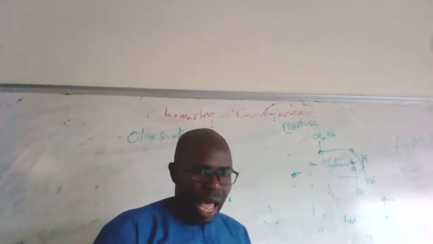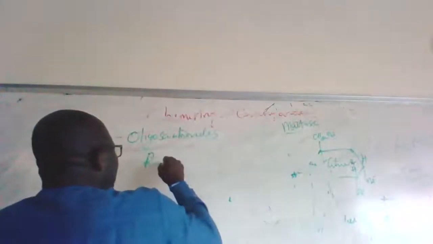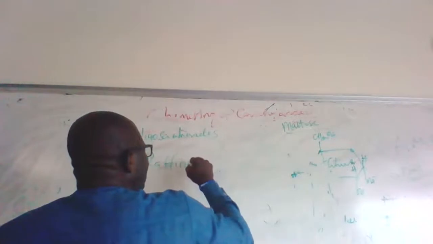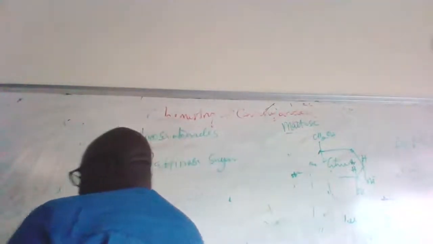A good example of oligosaccharides is raffinose sugar, a typical example of an oligosaccharide that ranges between 3 to 10.